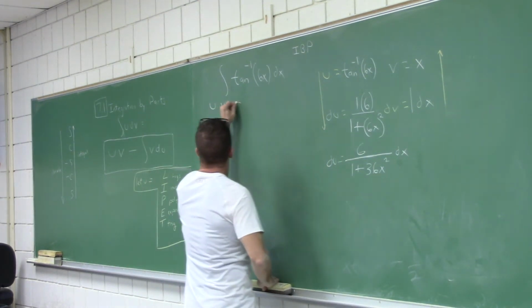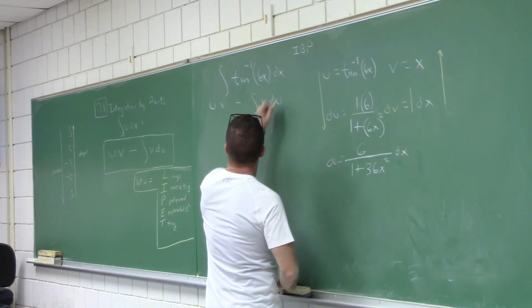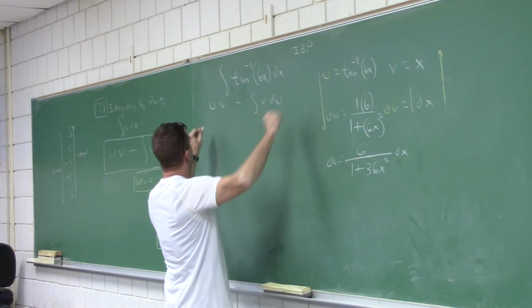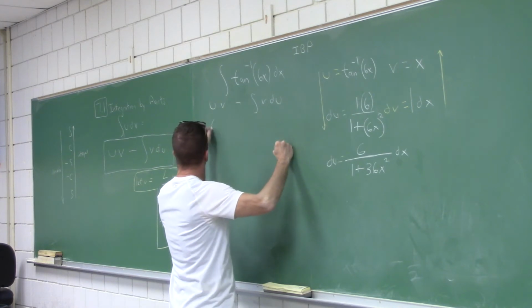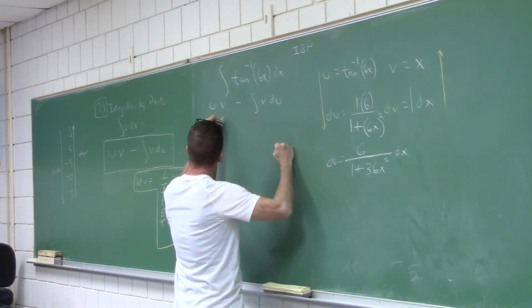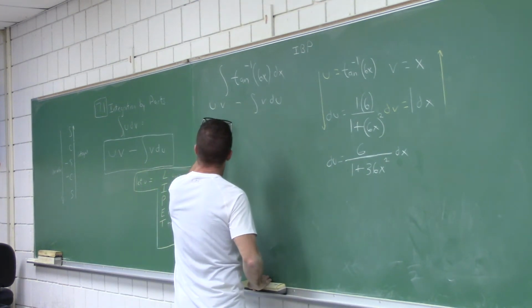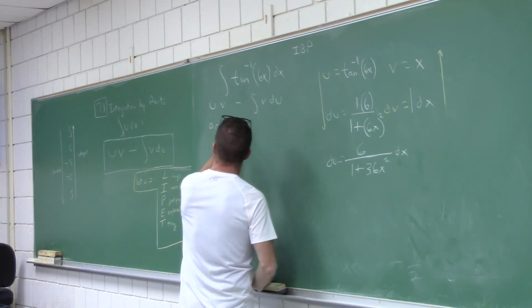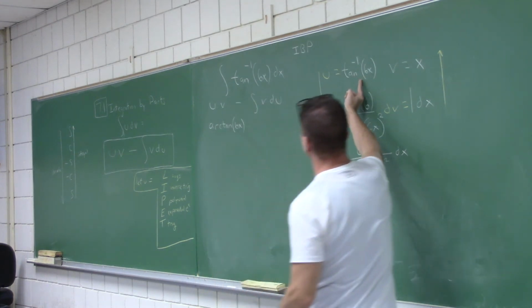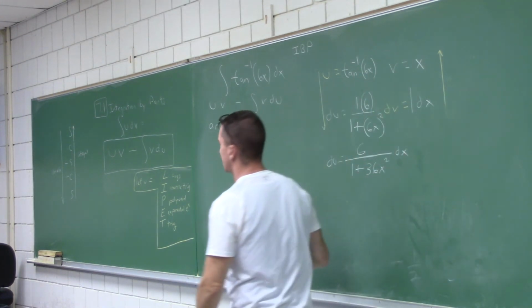u v minus integral v du. u is inverse tan 6x. You know what I'm going to start doing? I'm going to write it like that other notation, just so students do get to see it. Arctan 6x is my u. The v is the what? x.